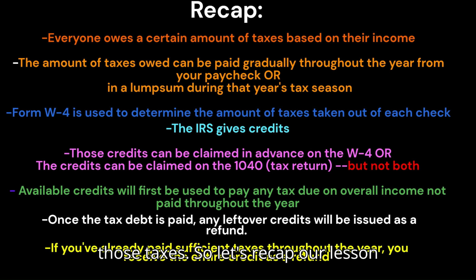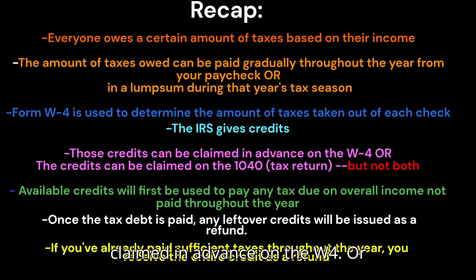So let's recap our lesson for today. Everyone owes a certain amount of taxes based on their income. The amount can be paid gradually throughout the year from your paycheck or in a lump sum during that year's tax season. Form W-4 is used to determine the amount of taxes taken out of each check. The IRS gives credits.